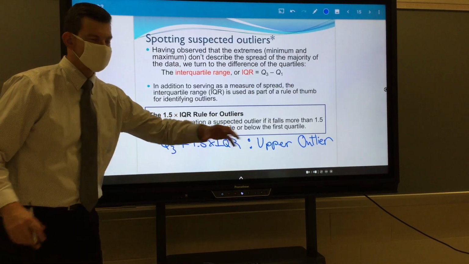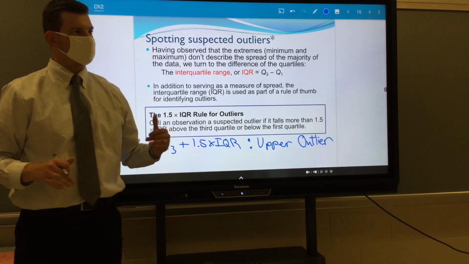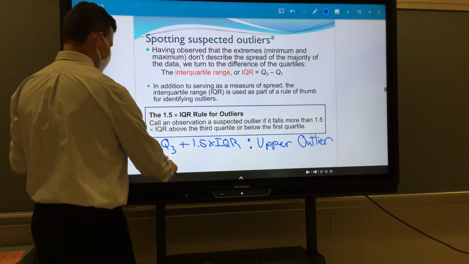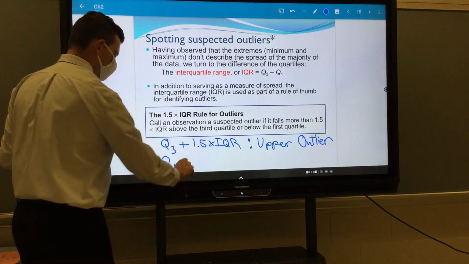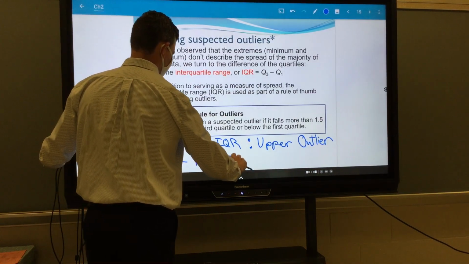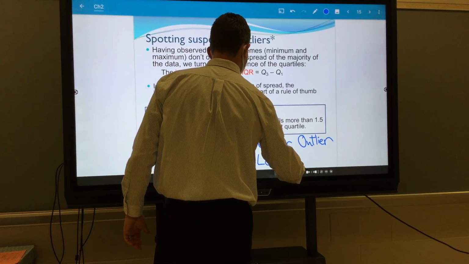So 1.5 times the interquartile range, add that region onto Q3. Anything that's beyond that is an upper outlier. Similarly, on the left end, Q1 minus 1.5 times the interquartile range gives us a lower outlier.